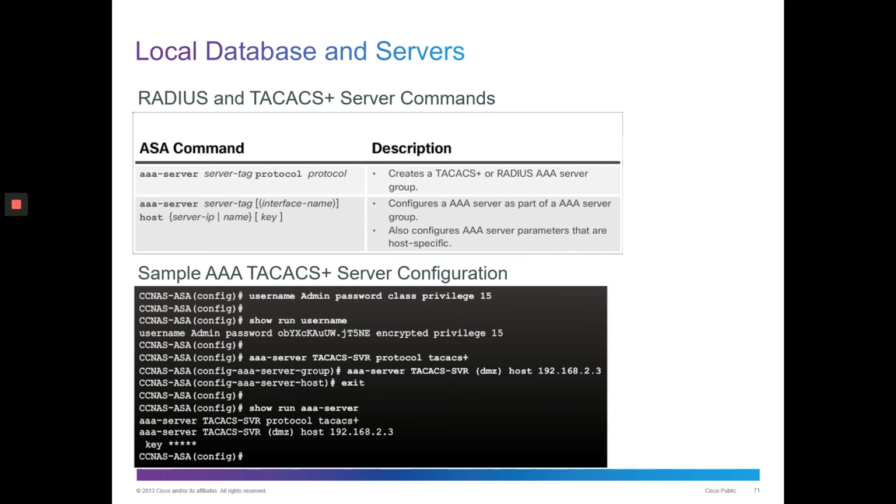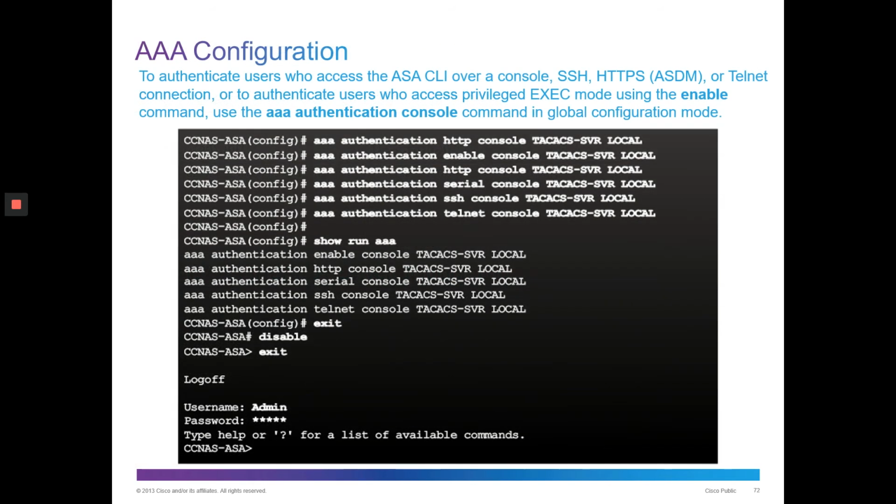You can set up these protocols and set up TripleA on your firewalls. It's a similar sort of configuration to what we did on the router. You can have a separate AAA server that manages everything, but it depends whether you really need a separate one, because it's going to cost you a lot as well. But based on your requirement, you can set it up. The configurations are basically the same as on the other ones.